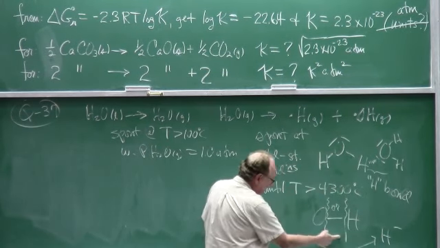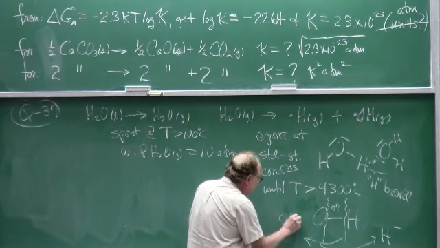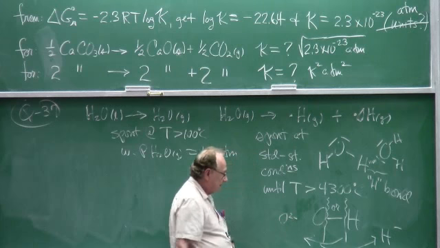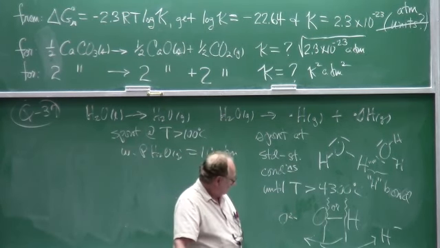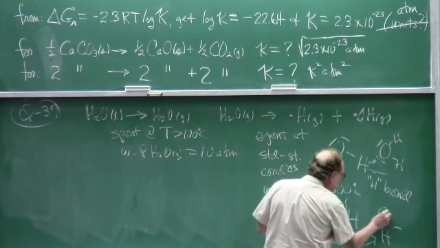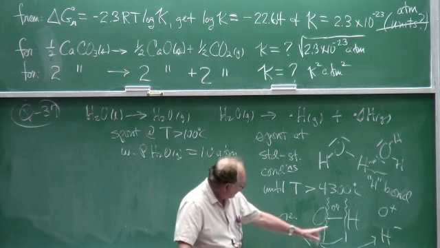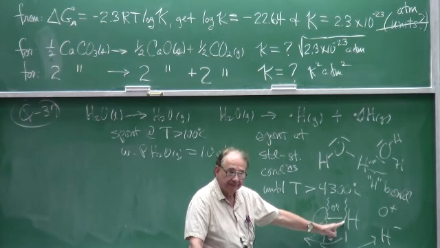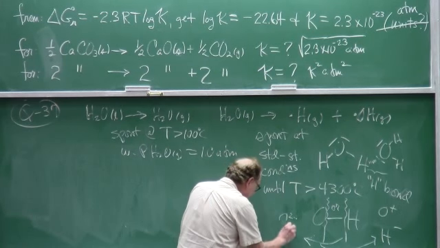Or in this fashion, which converts the oxygen atom to oxide ion. What do you think is more likely? If we break this bond this way, we're going to make O plus and H minus. But if we break the bond this way, then we make O double minus and H plus.